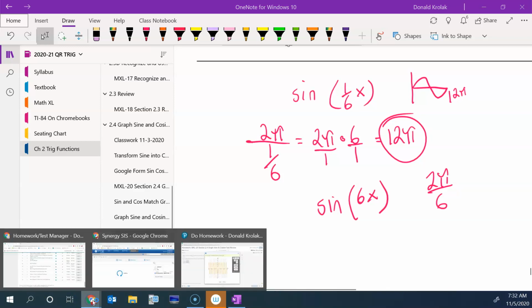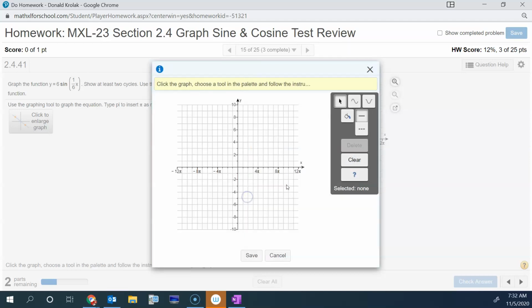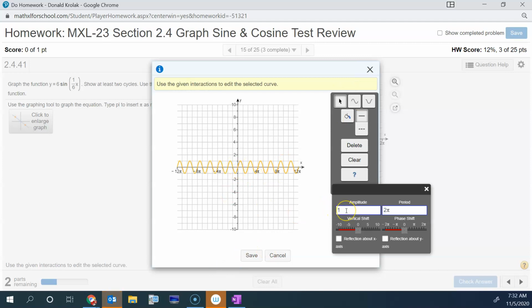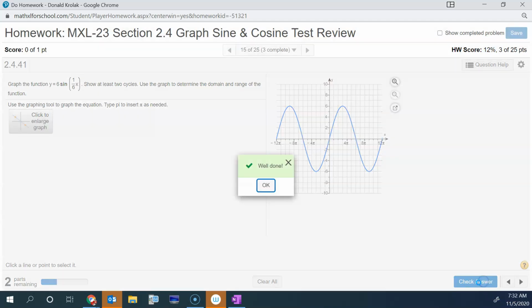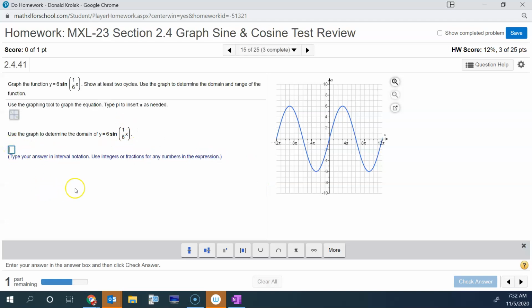Right? So here, set amplitude, period, 12 pi. And domains and all that. Let's see.